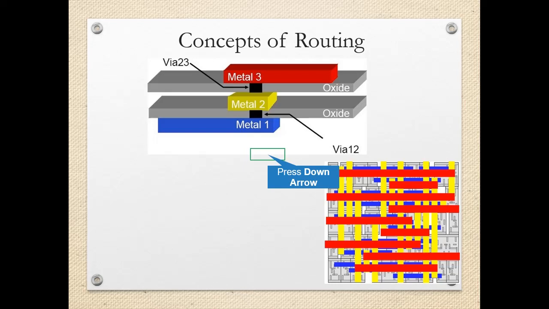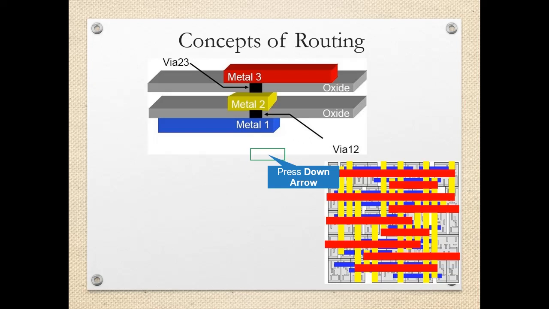Then in metal 2 we have only VDD lines. Then metal 3 we may have only VSS lines. The other combinational logic is implemented with the help of some metal 4. Likewise different metal layers are used for implementation of different parts of the chip, and then some interconnections are required between the different parts.